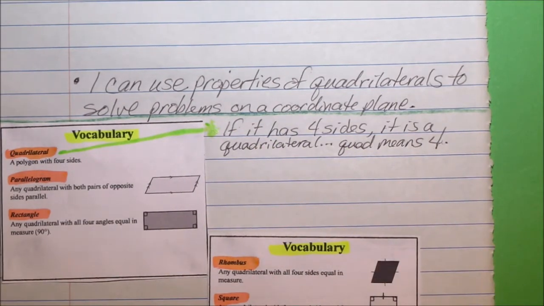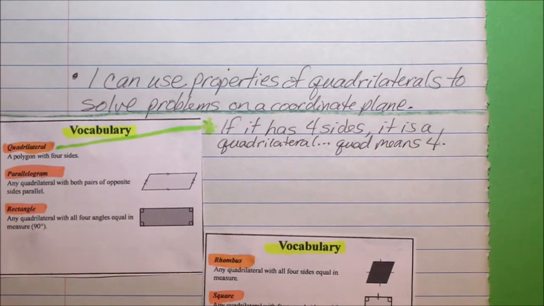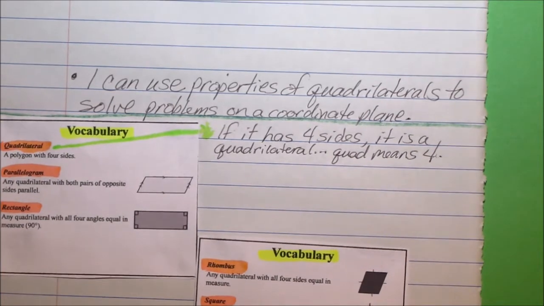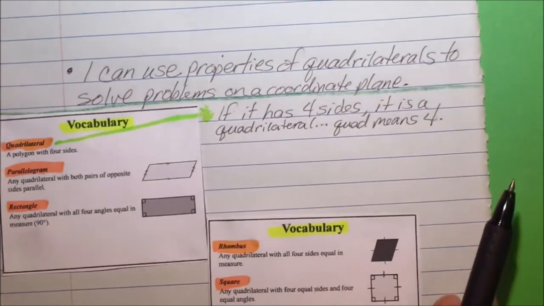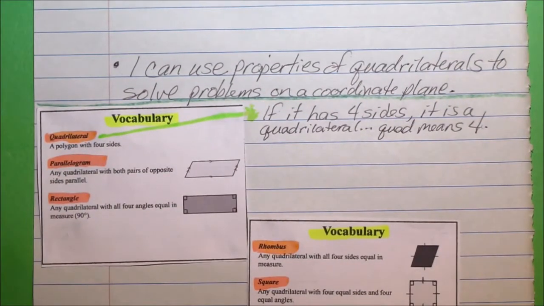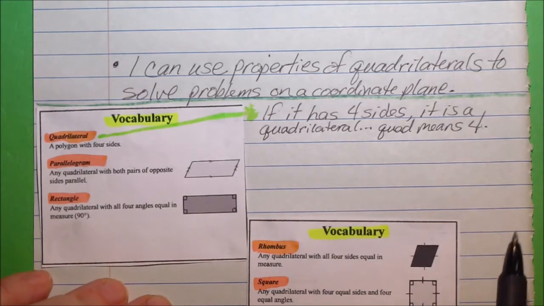All right, so then a parallelogram. Well, a parallelogram is any quadrilateral with both pairs of opposite sides parallel. So they can look different ways, but they've got to have those two things in common.